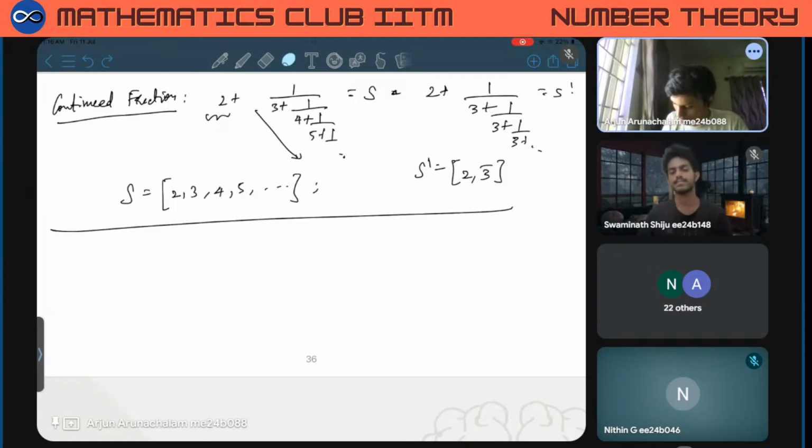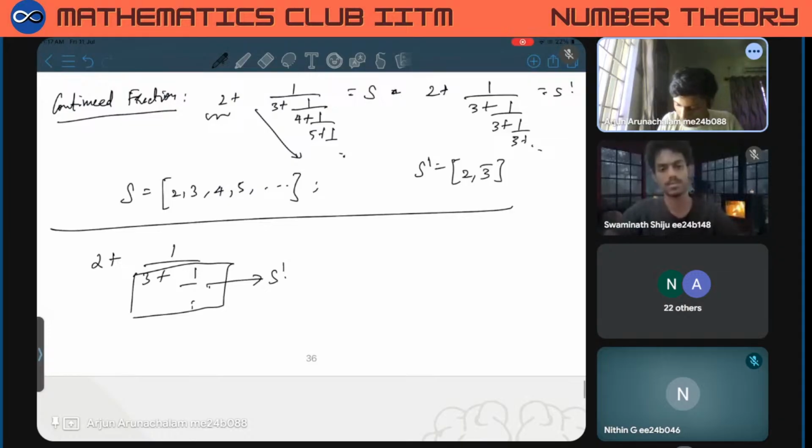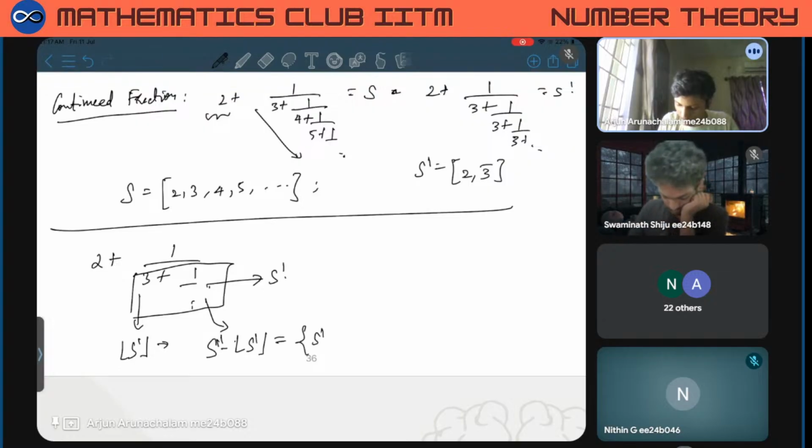Yeah. So Hemant asked how to prove that such a fraction in fact converges. Right. So basically, let's say you have something like 2 plus 1 plus 3, and so on. A rule of thumb when writing such a fraction is that, let's say this is some s dash, this will tend to be the floor function of s dash, the greatest integer function of s dash, and this will be the fractional part, s dash minus the floor of s dash.